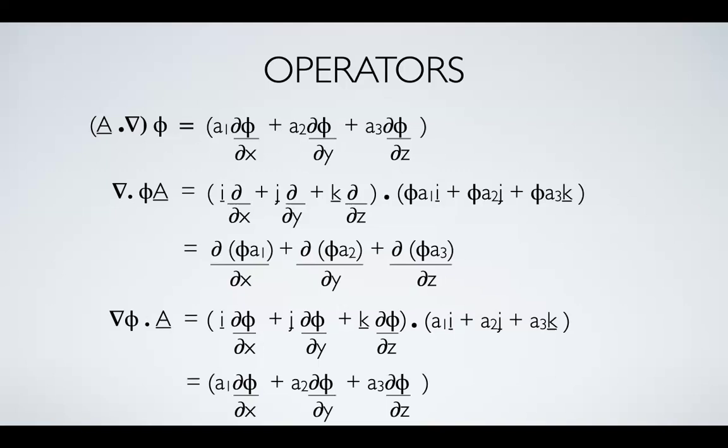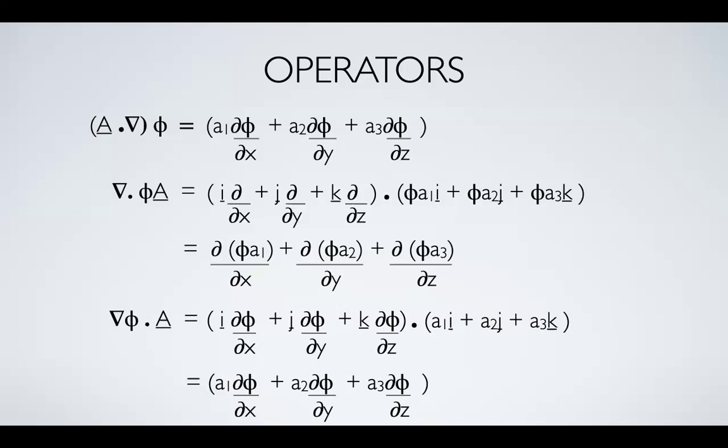I think it's a little bit different. I put A1 at the last, and here A1 is in the first. So you get the d phi by dx and A1? It's actually the same. Is that right? Because you see A1, A2, A3 are coefficients and all are scalar, right?